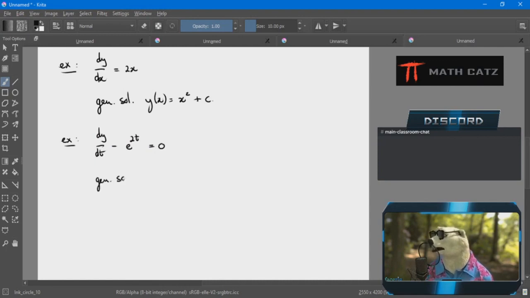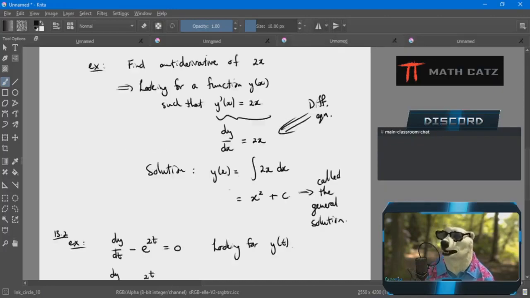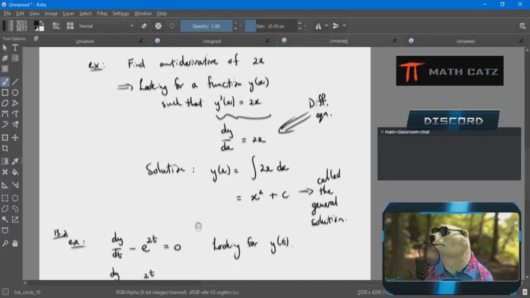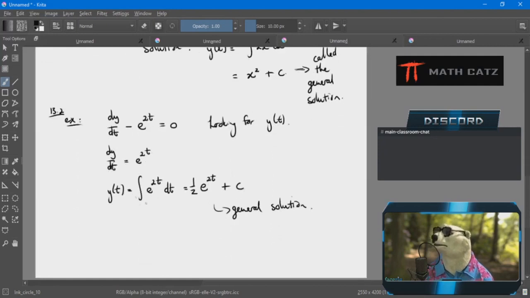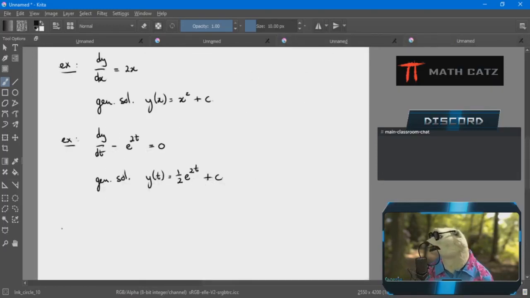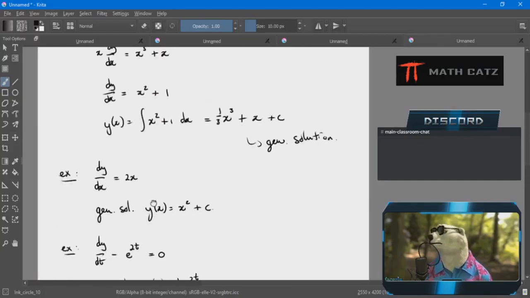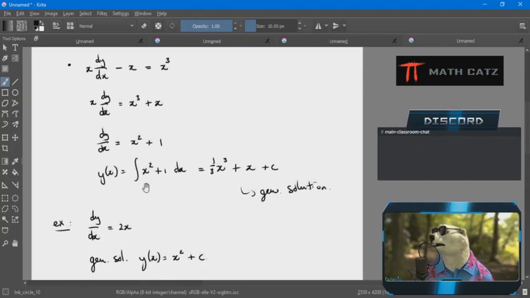Our general solution was y of t equals 1/2 e to the 2t plus c, which we did by our normal antiderivative procedures. And then up here we had one more example: x times dy dx minus x equals x cubed.